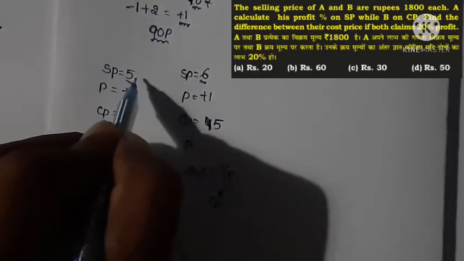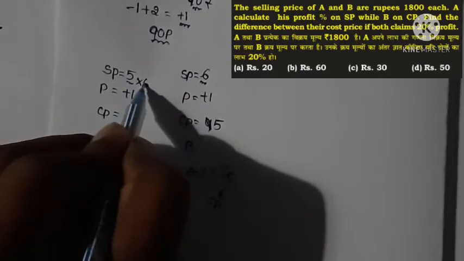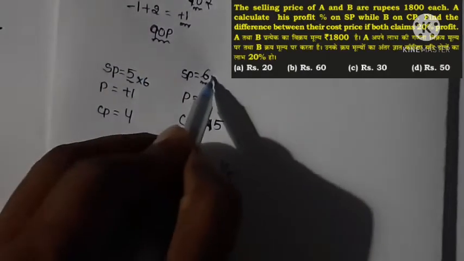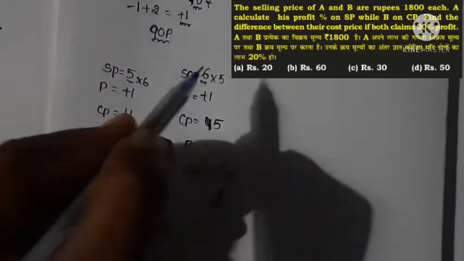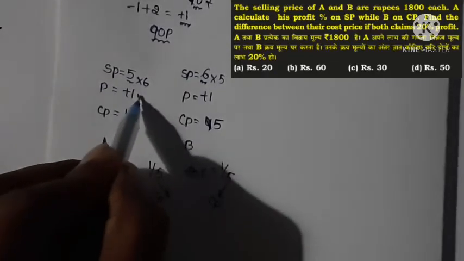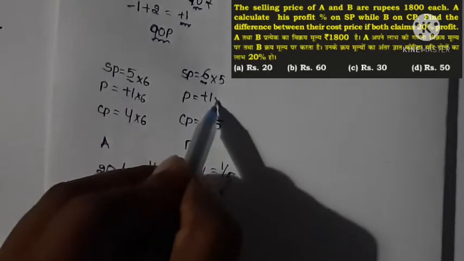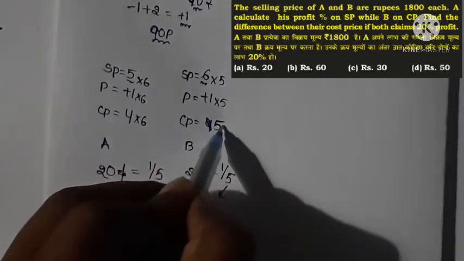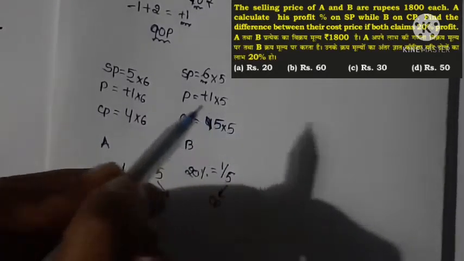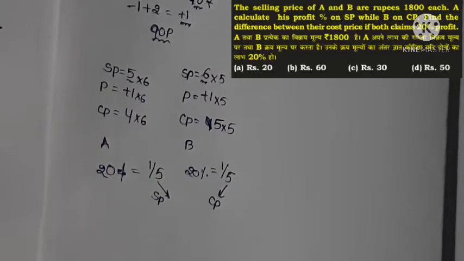Multiply this value by 6 and this value by 5. So into 6, into 6, into 5, into 5.